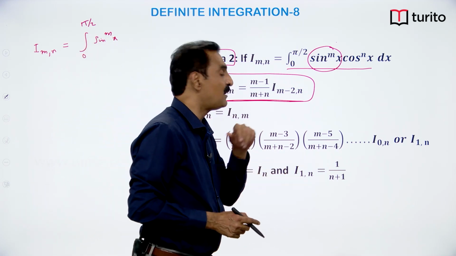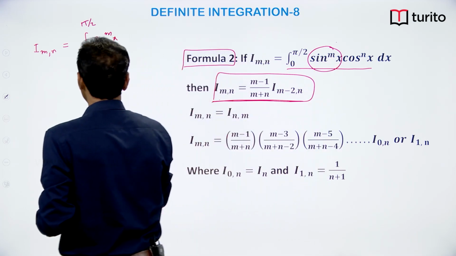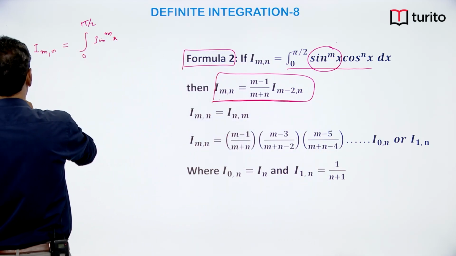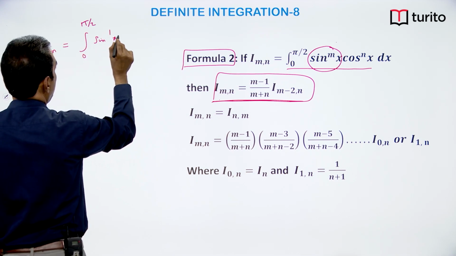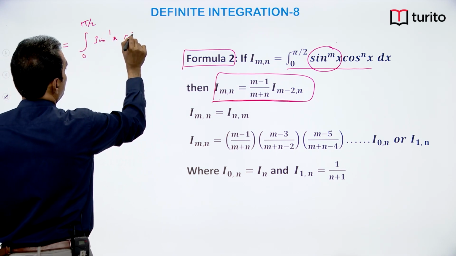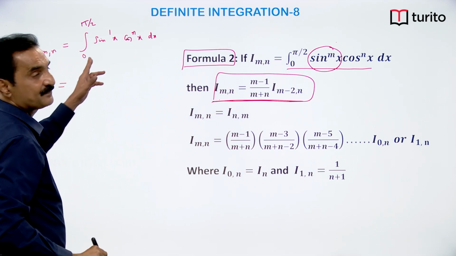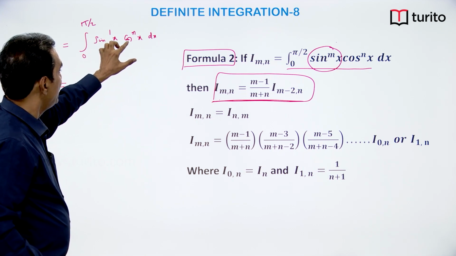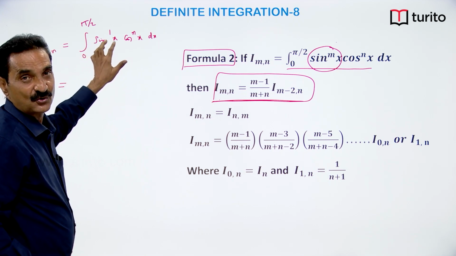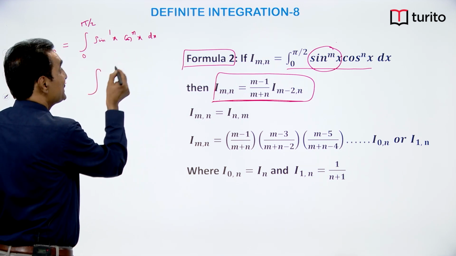If we get I 1 comma n, suppose m is 1, then we have sine power 1 x into cos power n x, and we have already discussed this. Derivative of cos x is minus sin x, so if you put cos x equal to t, you will get sin x dx as minus dt.